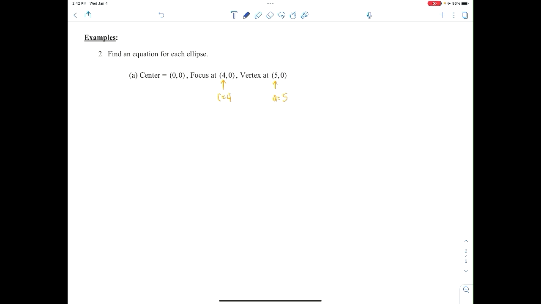Our general form of our equation is going to be x squared over a squared plus y squared over b squared equals 1.